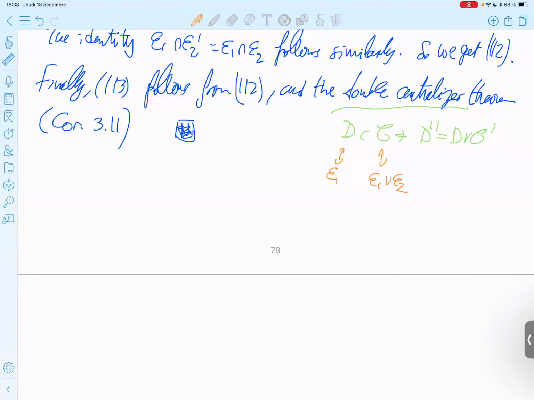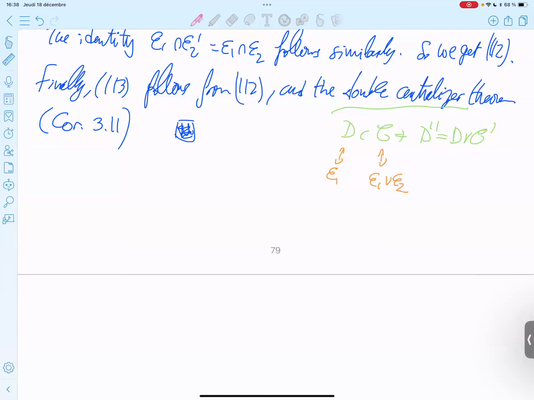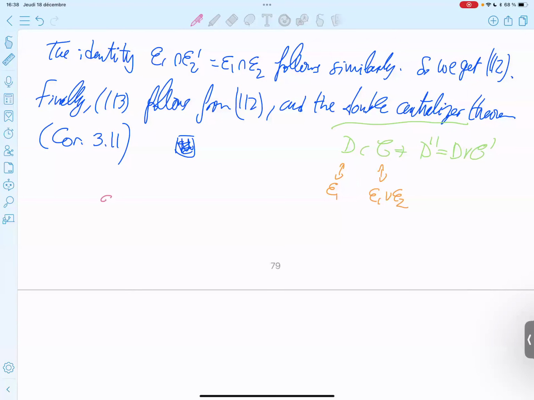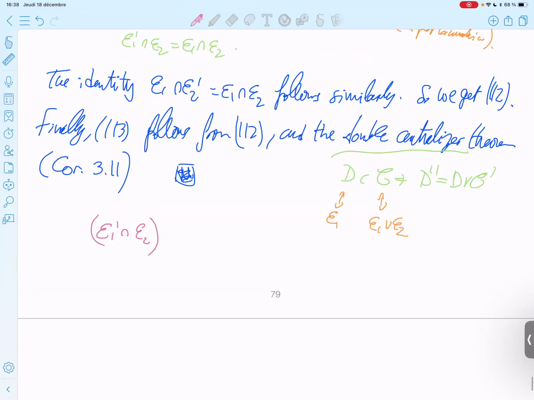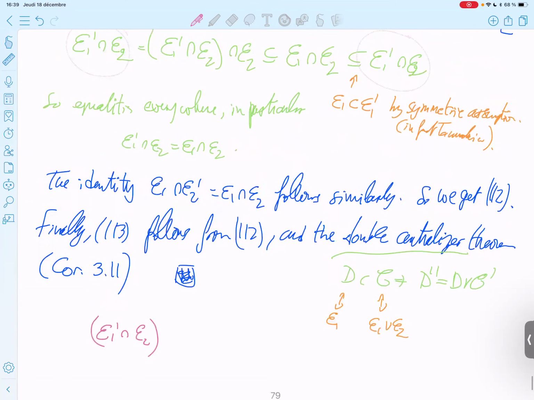Okay, so now the proof is as follows. You have E1' ∩ E2. So we know this identity.